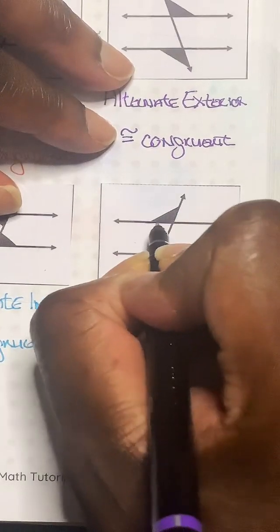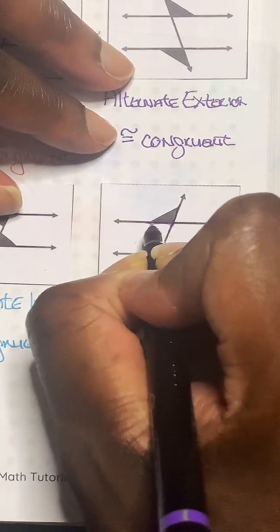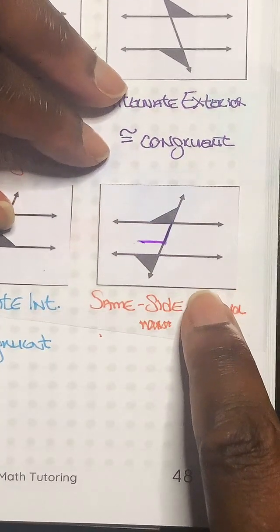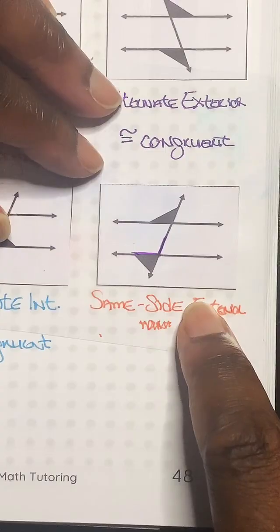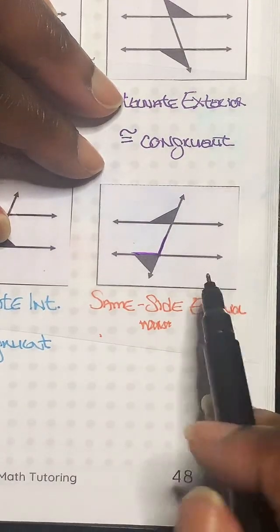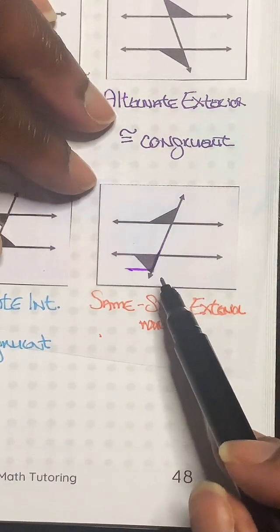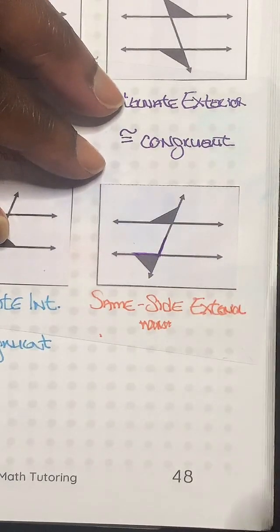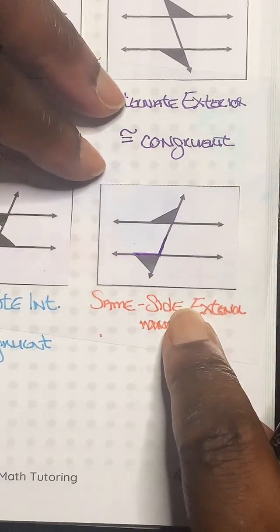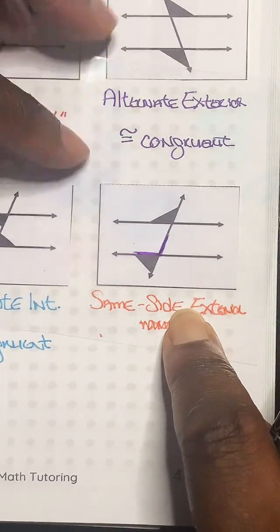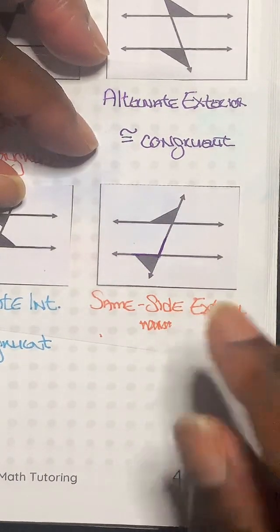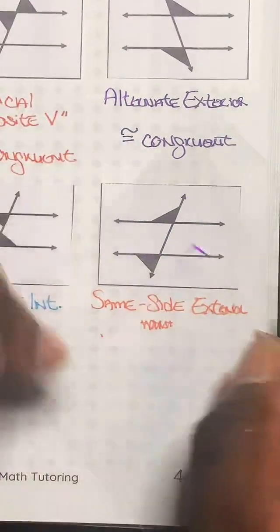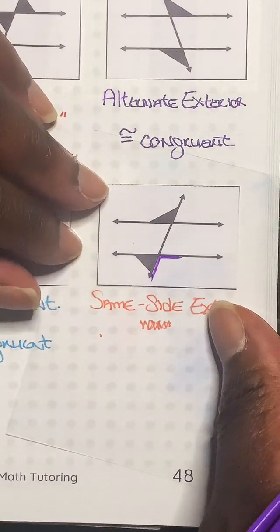All right, so if I sketch this angle and I slide down, right now it's not going to match up with this angle, so they're not going to be congruent, but this angle will be congruent with this angle, which is also congruent with this angle.